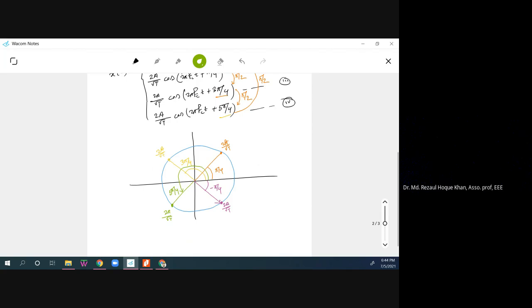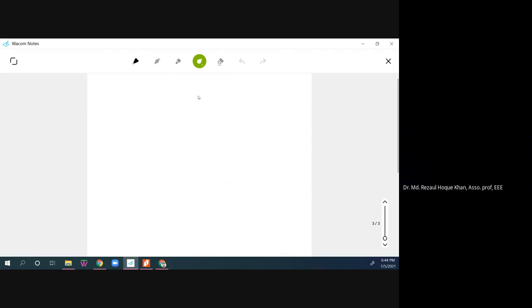The constellation means these 4 possible points. Let us draw the constellation diagram here.